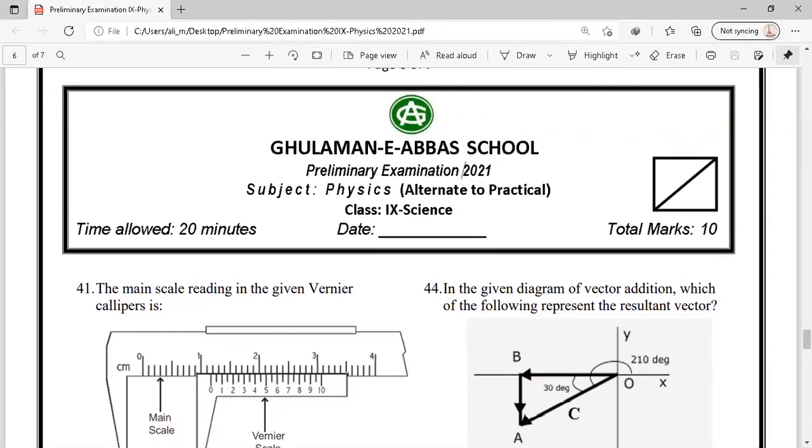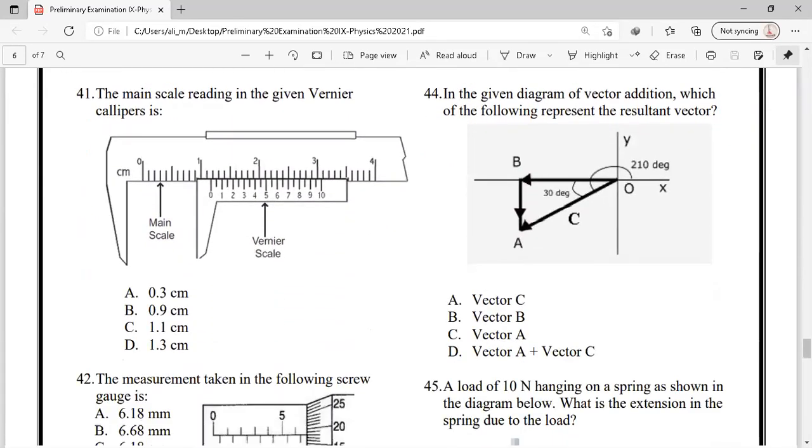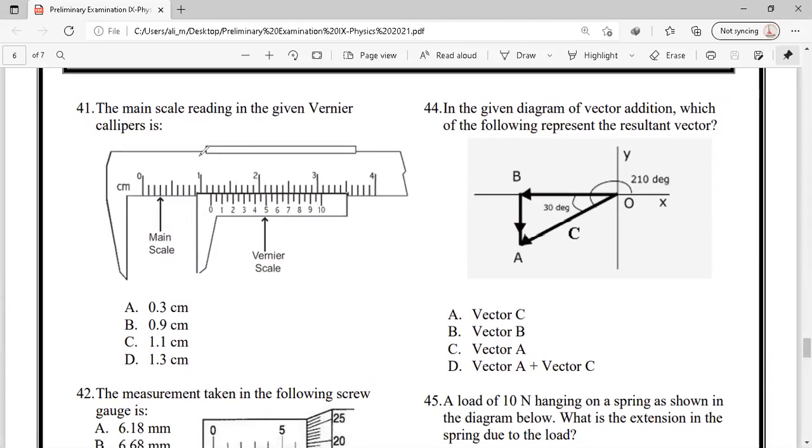Then we have our alternative practical paper in which we have 10 questions. Let's see question number 41. The main scale reading in the vernier caliper. We only have to identify the main scale reading.